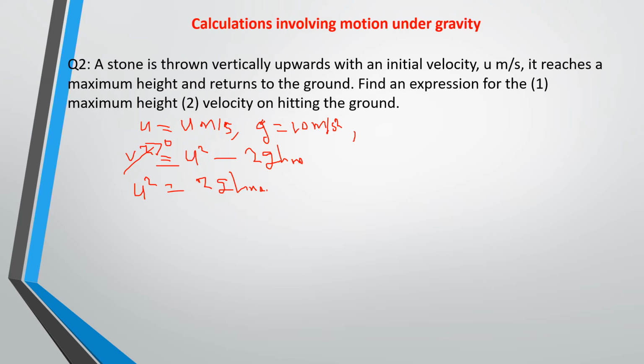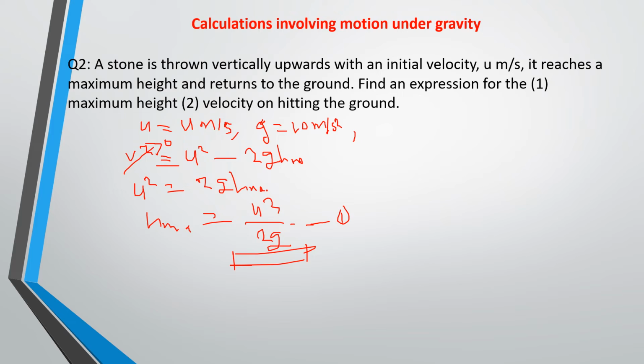You are looking for an expression for h max, so you make h max the subject of the formula. So h max will be equal to u squared all over 2g. This is the expression that you are looking for, and that is the answer to the first question. So h max equals u squared all over 2g.